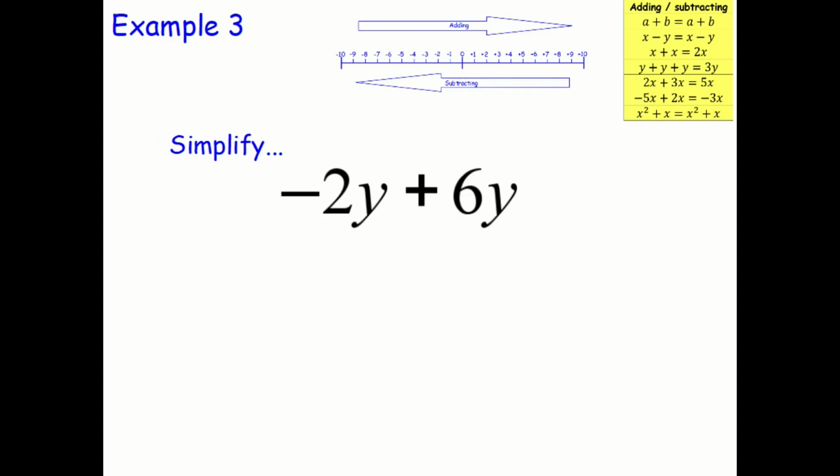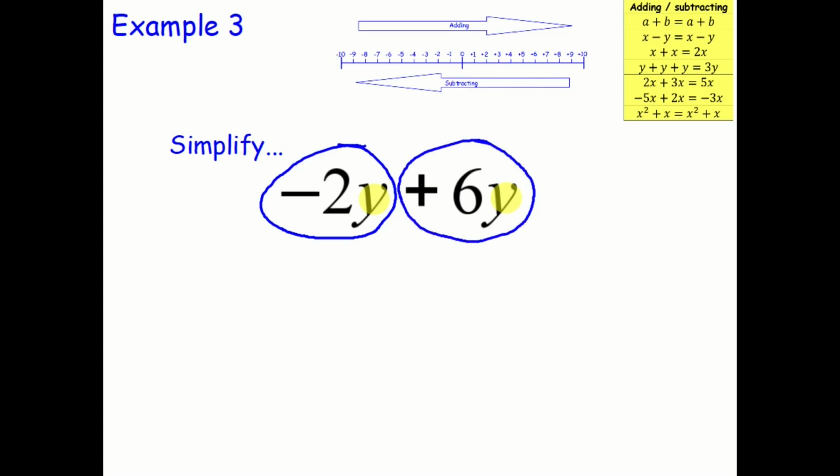Example number 3. So we've got minus 2y plus 6y. So I've got two like terms here because they're both y terms, and I'm going to collect them together. So that minus sign is with that 2y, and that plus sign is with that 6y. So I'm going to go to minus 2 on my number line, which is here, and I'm going to add 6.